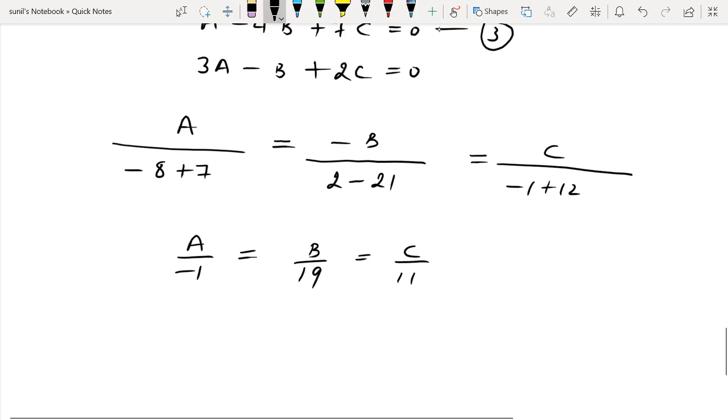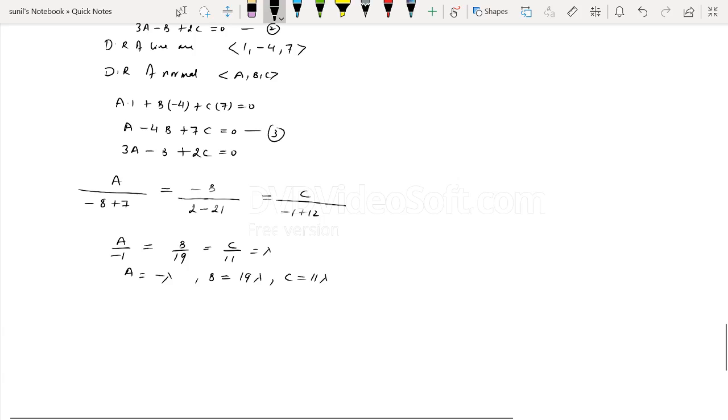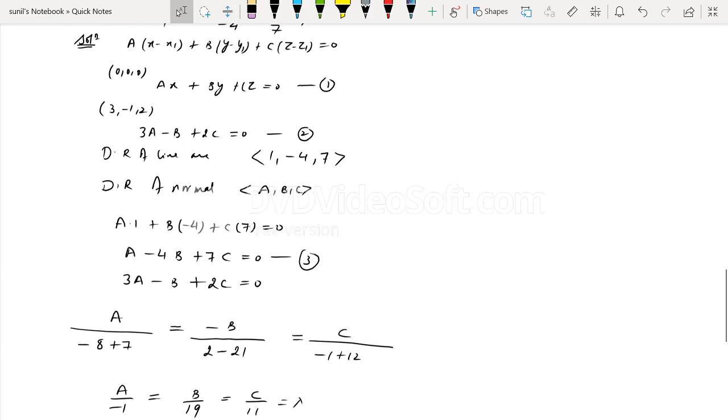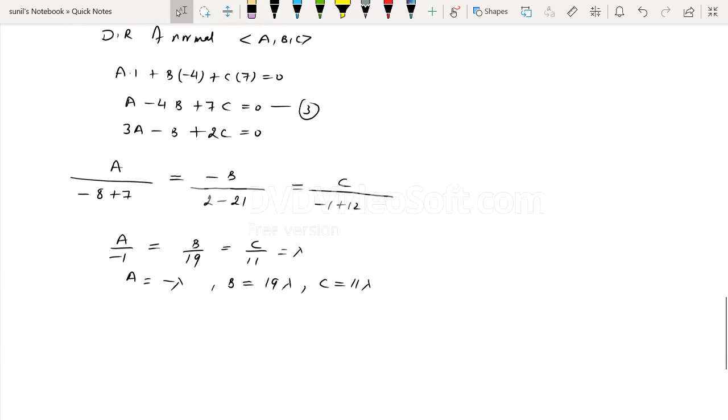Now use this value. If I take this as some lambda, and without loss of generality we will take lambda as non-zero, a is turning out to be minus lambda, b is equal to 19 lambda and c is equal to 11 lambda. So substitute the value of this a, b, c in equation 1.